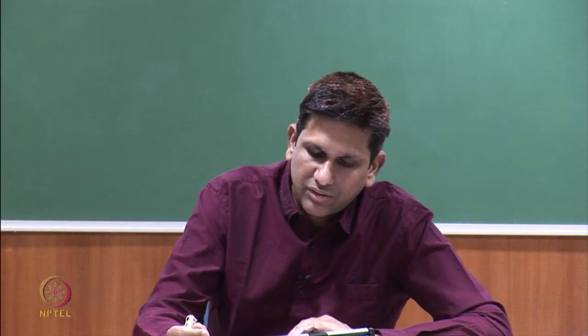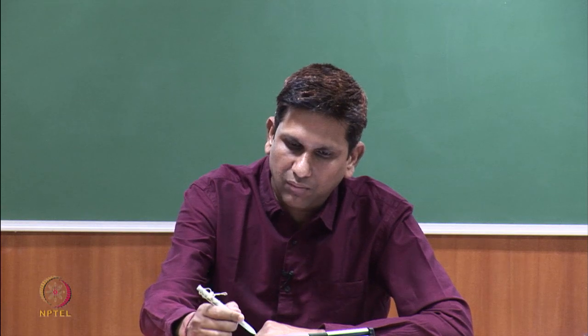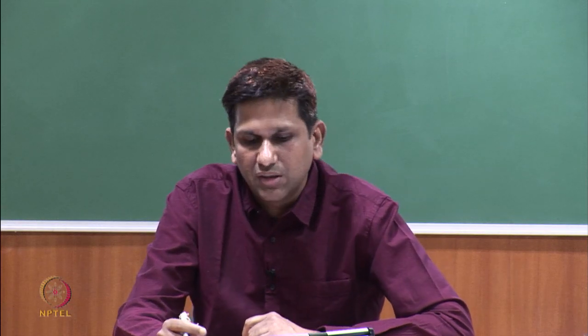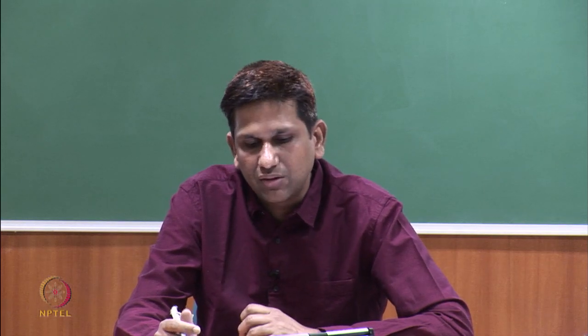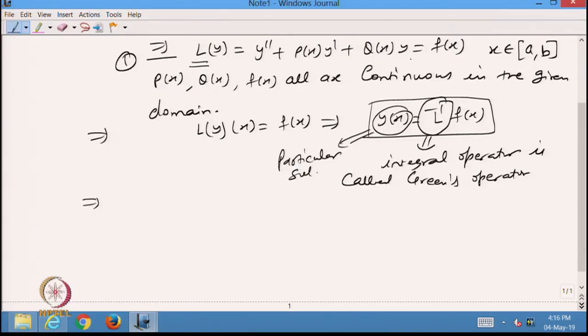So the question comes: why are we going to start with this new method? This method, Green's function, is useful because if I take equation number 1, my differential operator is fixed, and if I treat this equation as an initial value problem or a boundary value problem, the initial conditions or boundary conditions are also fixed.